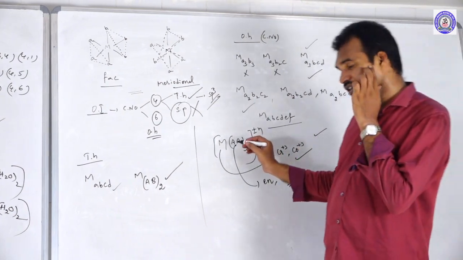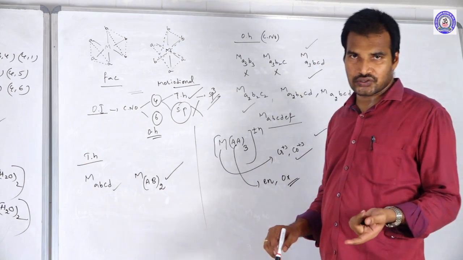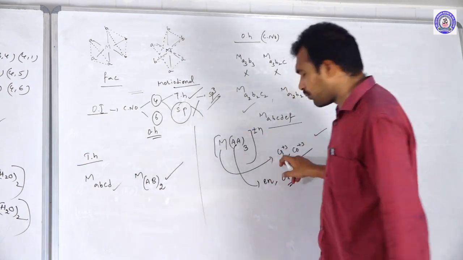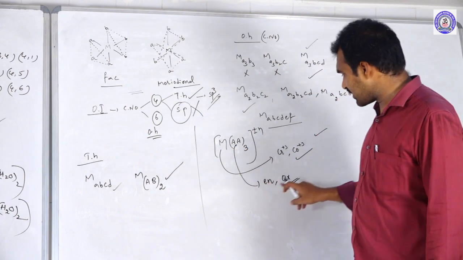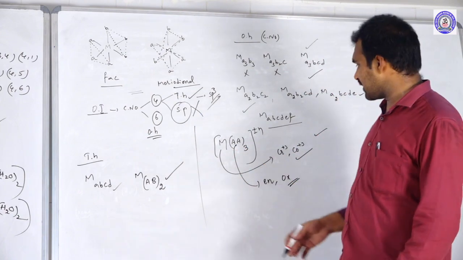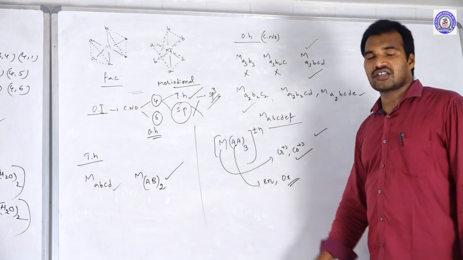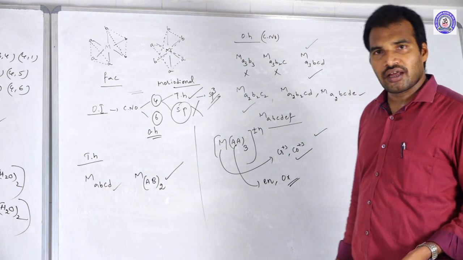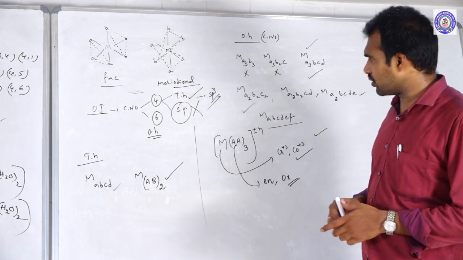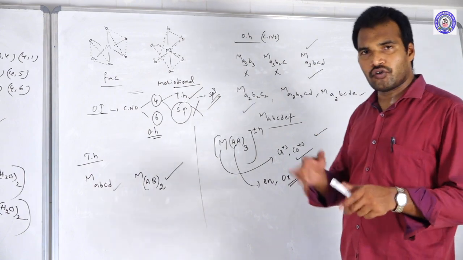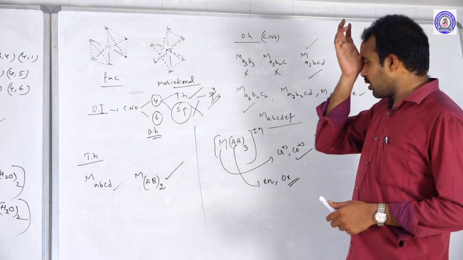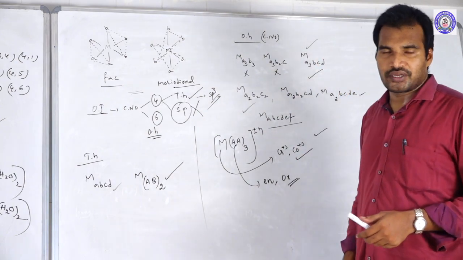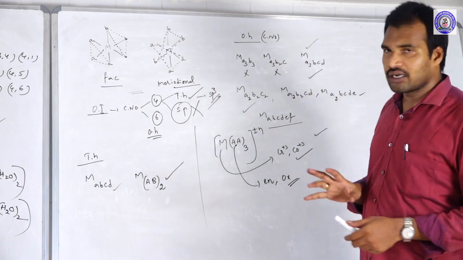So in the case of symmetrical bidentate ligands also, if the central metal atom is chromium plus 3 or cobalt plus 3, and the ligands are oxalato or ethylene diamine, these complexes will show optical isomerism. I think this data is enough. Don't go beyond that, again you may get confused. So this is about optical isomerism in octahedral complexes.